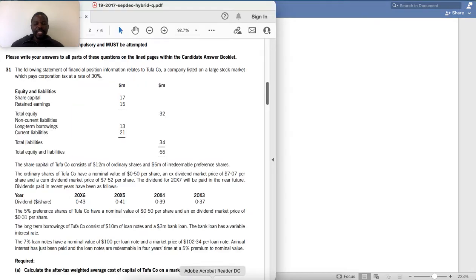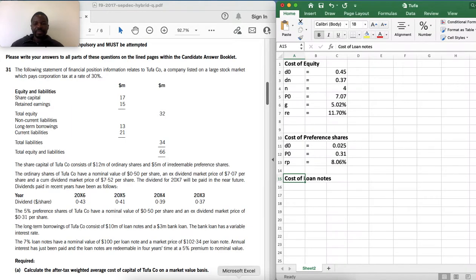So let's go back to our question. To use the IRR, we have to find two NPVs. The NPV at the lower rate and the NPV at the higher rate. So we have to use our two discount rates. I assume everyone knows how to discount.